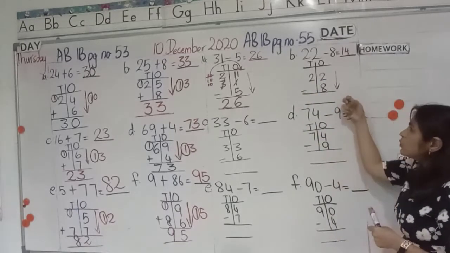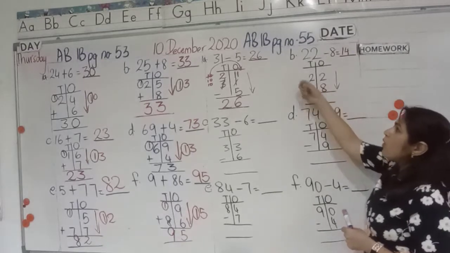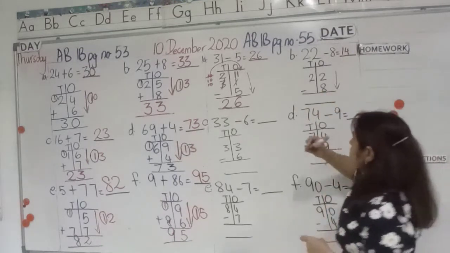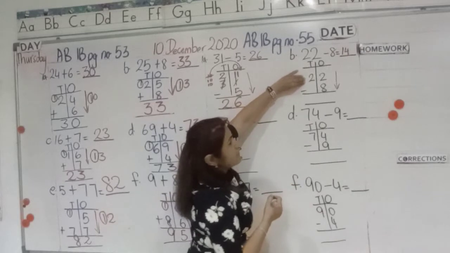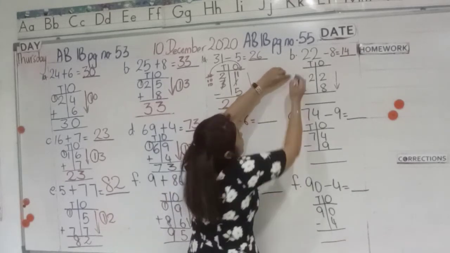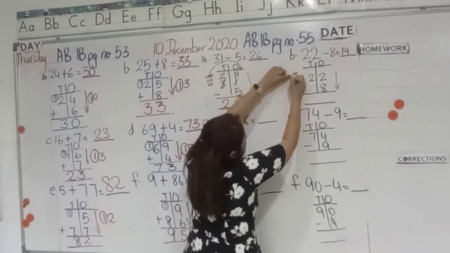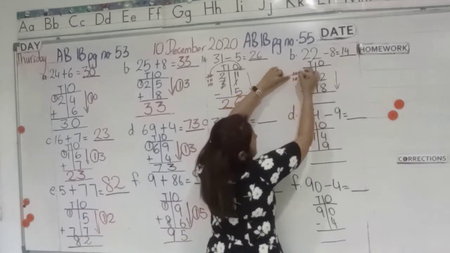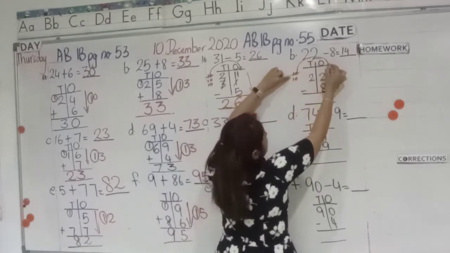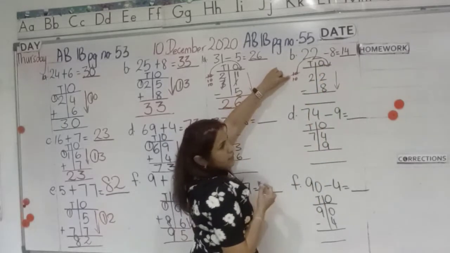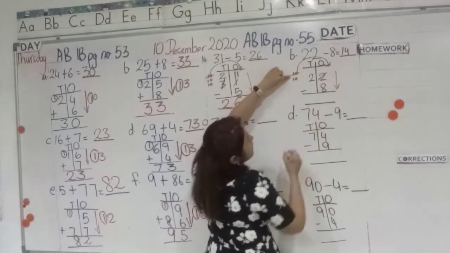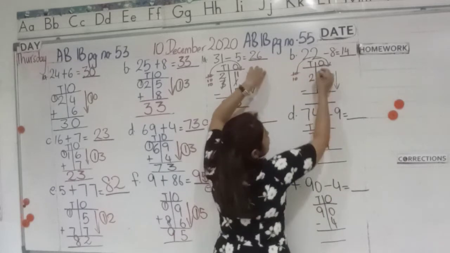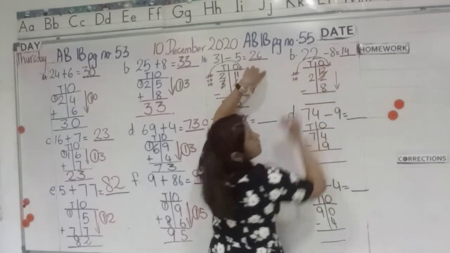How will I do that? I will borrow from tens place. In tens place, how many tens are there? 2 tens. So right here, 2 tens. Now you send this 10 over to ones place. So this 10 plus this 2 will become 12.